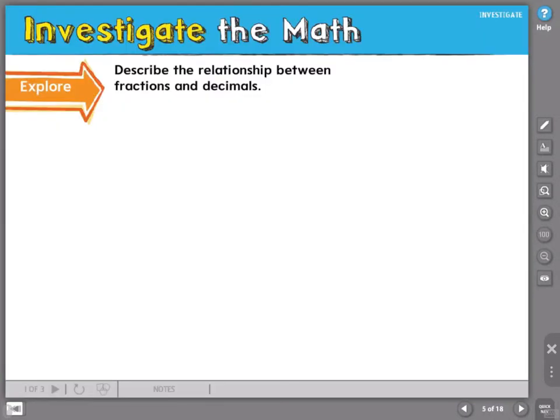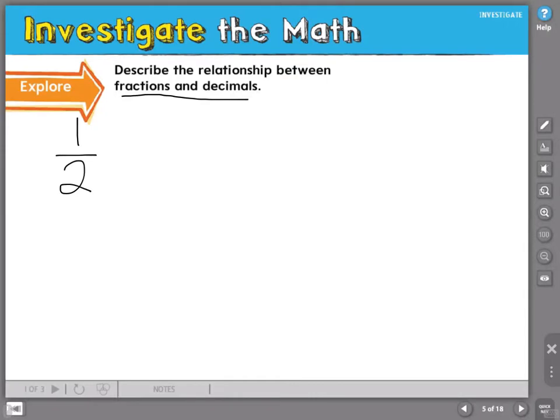We're going to start by investigating what we know about fractions and decimals and thinking about what the relationship is between fractions and decimals. Now we know that both fractions and decimals are ways to talk about amounts that are less than a whole. If I had 1/2 of something, I would not have a whole.